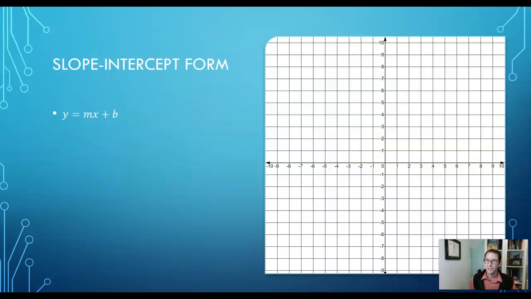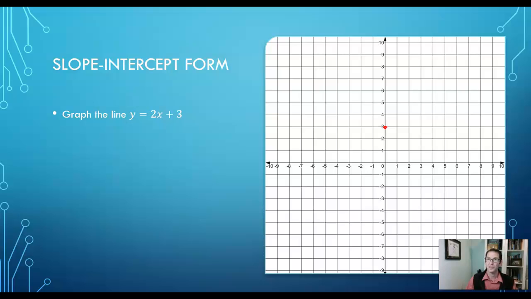Which brings us to the slope-intercept form. The slope-intercept form is super helpful when we know where we cross the y-axis and we know what the slope is. For example, we can say graph y equals 2x plus 3. So here's my y-intercept of 3.